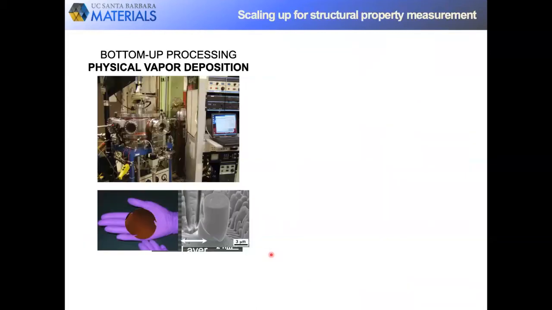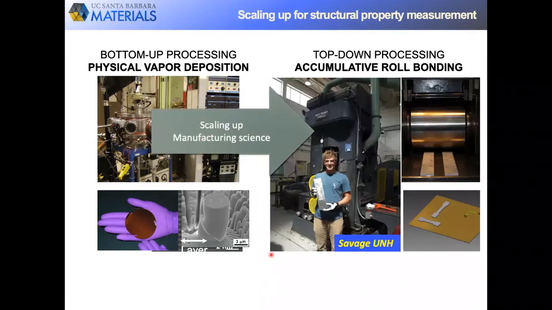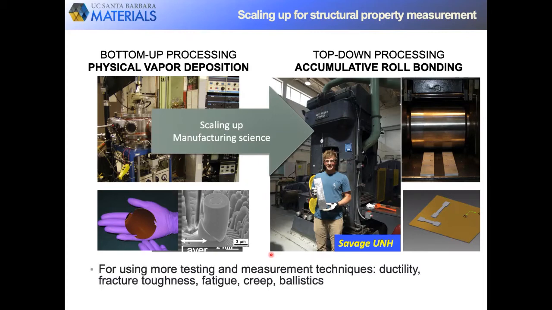So then we asked the question: can we apply this SPD method to standard sheet material and manufacture nanolayer composites? For our studies, from a scientific viewpoint, we wanted to obtain nanolayered materials in sheets, so it would enable us to use standard characterization and testing techniques, so that we could access more than just hardness or pillar strengths.